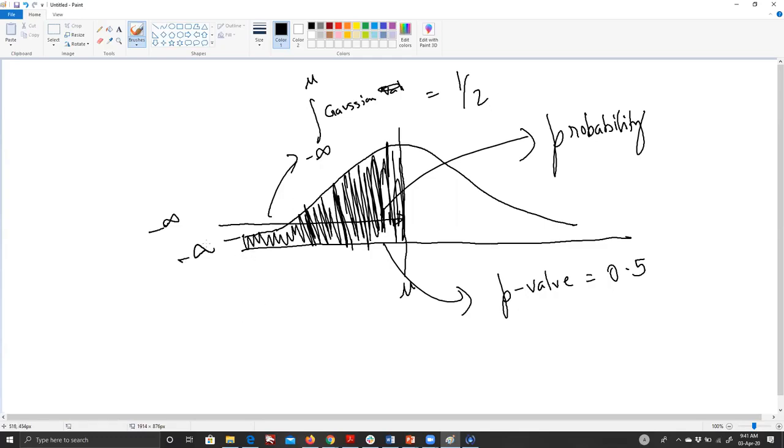If you integrate from negative infinity till positive infinity, your total p-value will come as 1, but we are not aiming for that. A p-value of 1 is not something that we are really interested in.